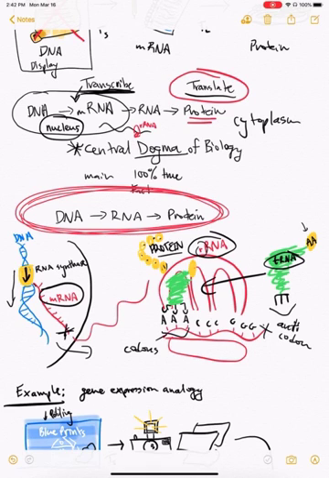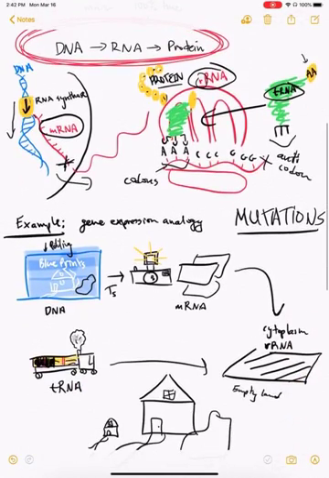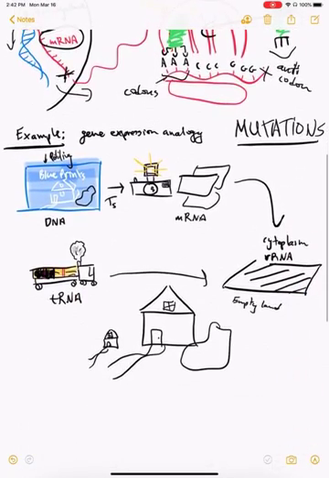And of course, those things can get messed with by mutation. So there are several different types of mutation. I'm going to skip past this example we talked about in class, similar to the cookie example, just slightly different.